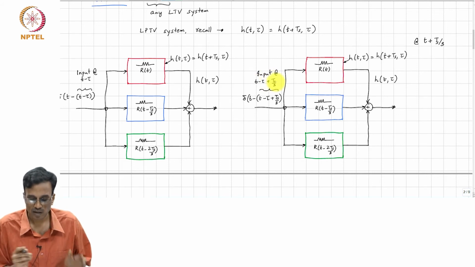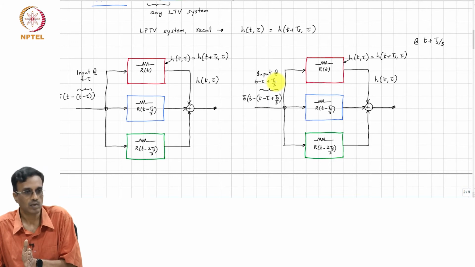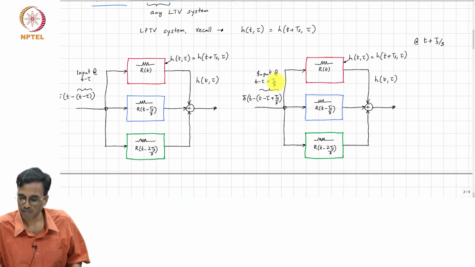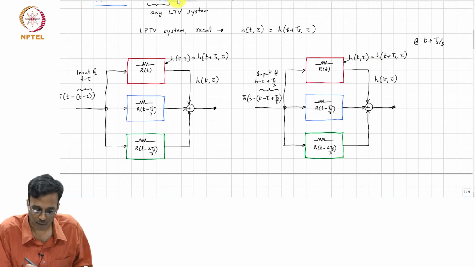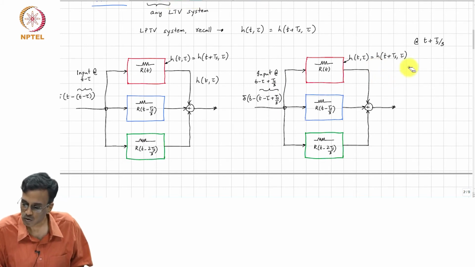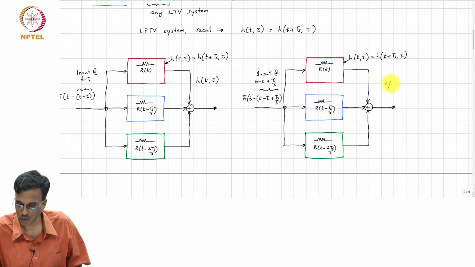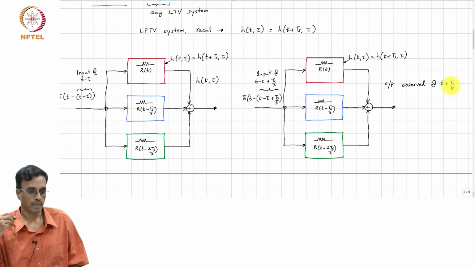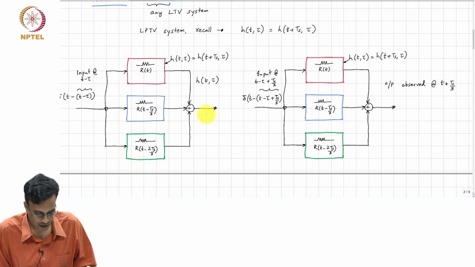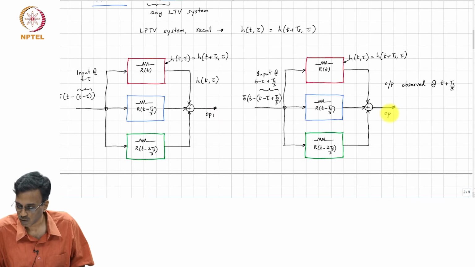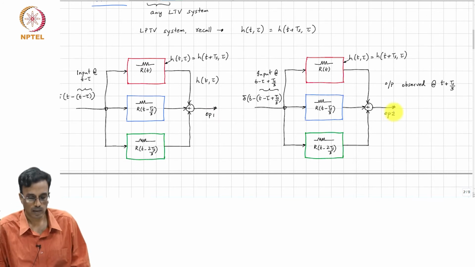In other words, I have moved the input by Ts by 3, I have moved the time of observation also, output observed at t plus Ts by 3, right. So, let us call this OP1 and we call this OP2, all right.